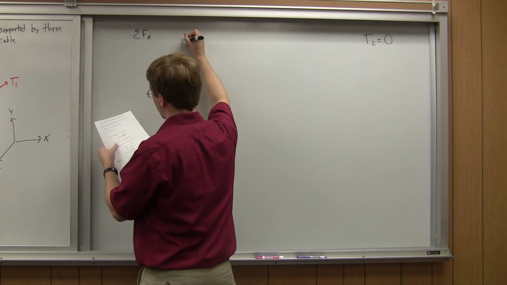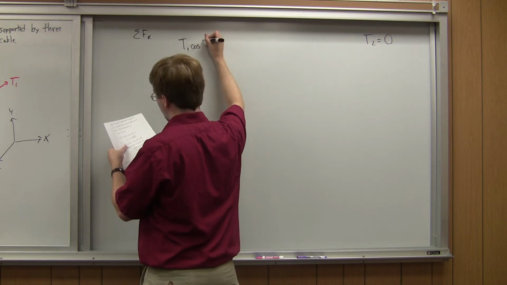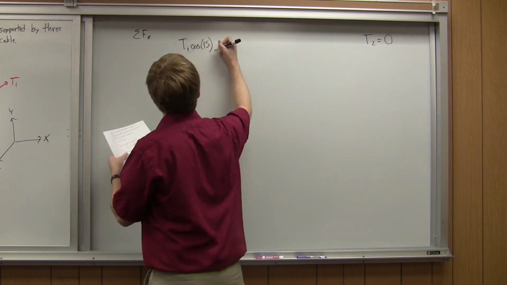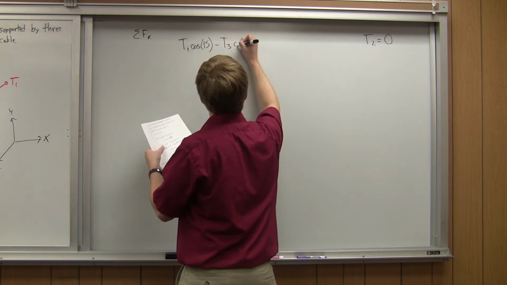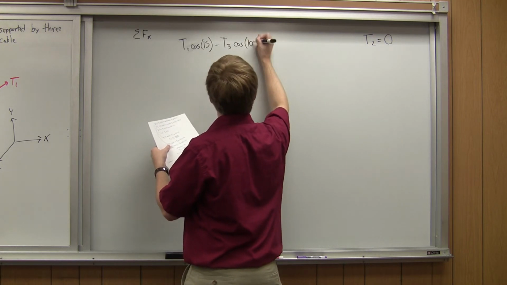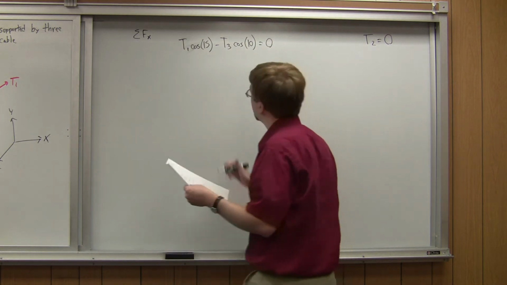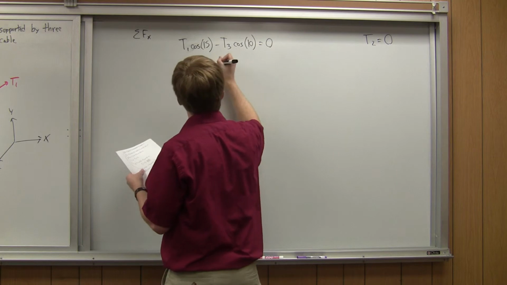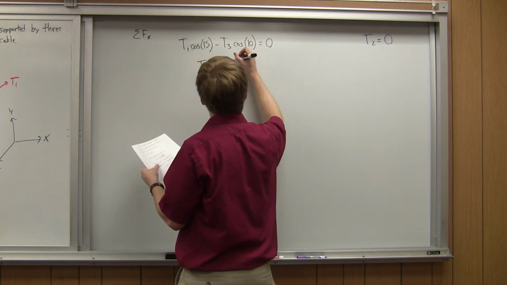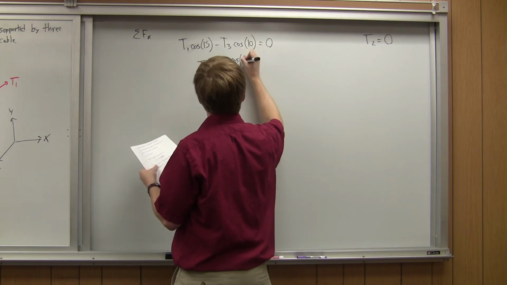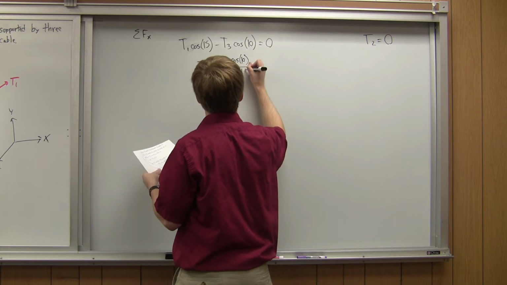I know that T1 times the cosine of 15 minus T3 times the cosine of 10 is going to be equal to 0. And I can kind of rearrange this and say that T1 is going to be equal to T3 times cosine of 10 over cosine of 15.